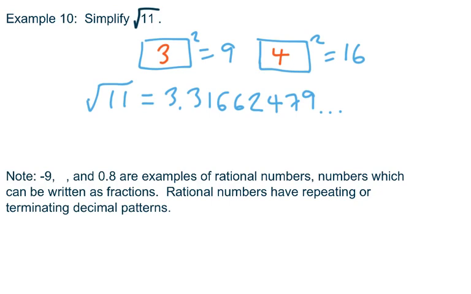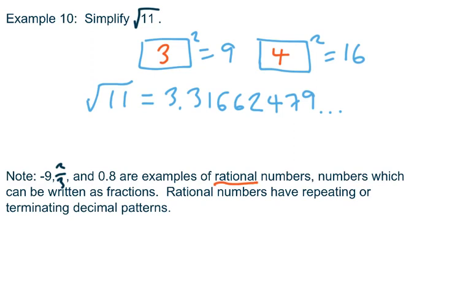But to begin with, notice that some of the answers we've gotten so far, -9, 2/3, and 0.8, those are examples of rational numbers. Rational numbers are numbers which can be written as fractions. Rational numbers have repeating or terminating decimal patterns.